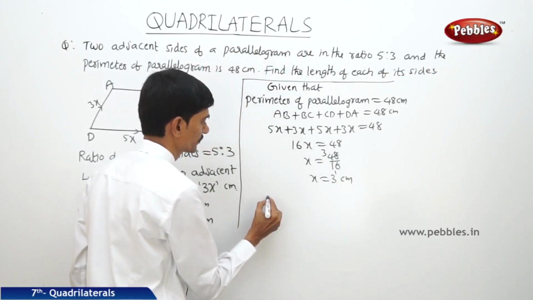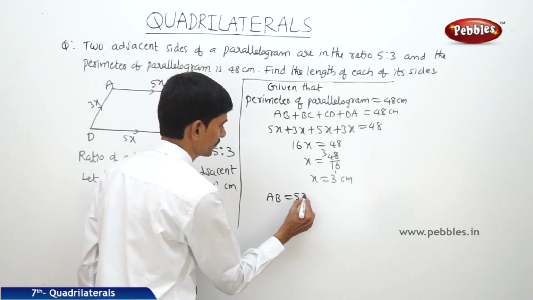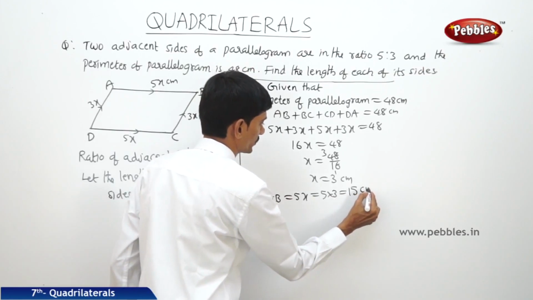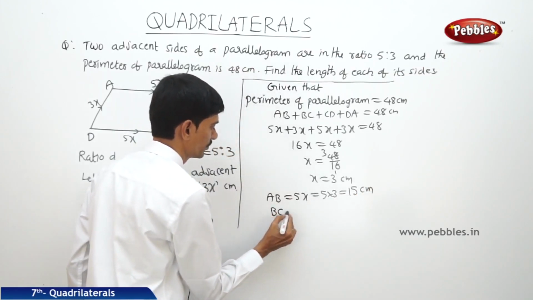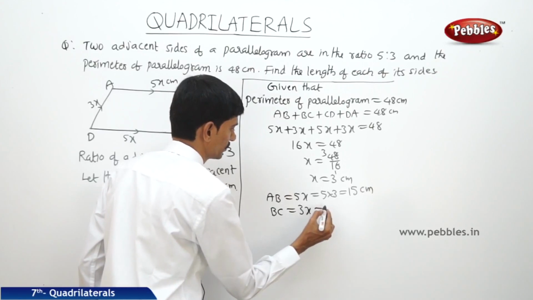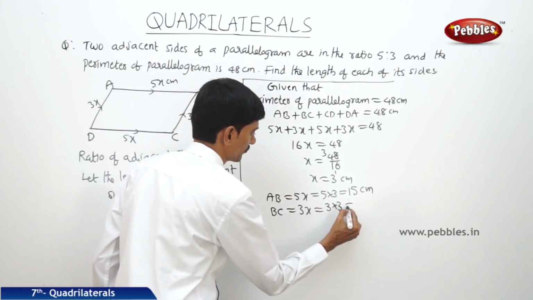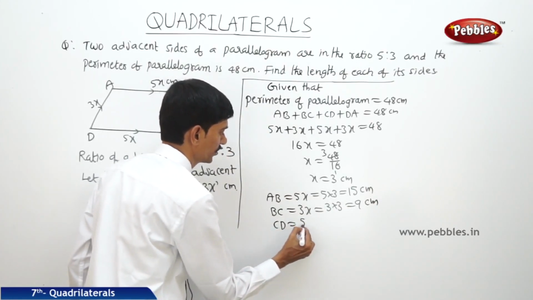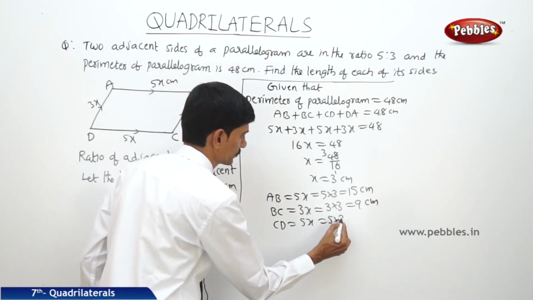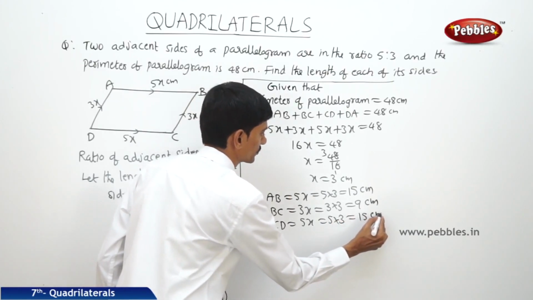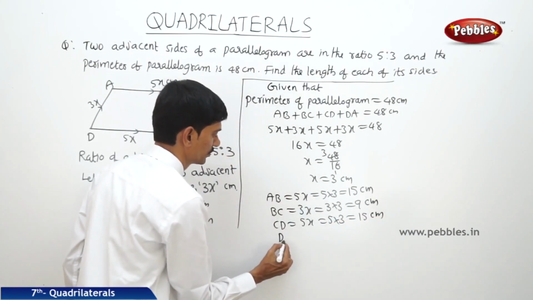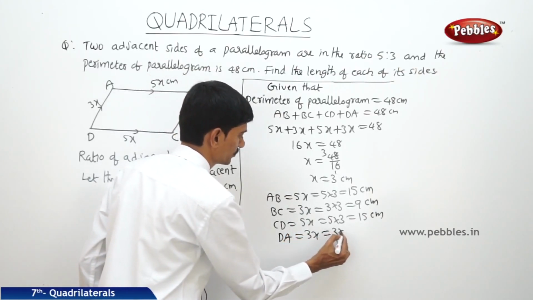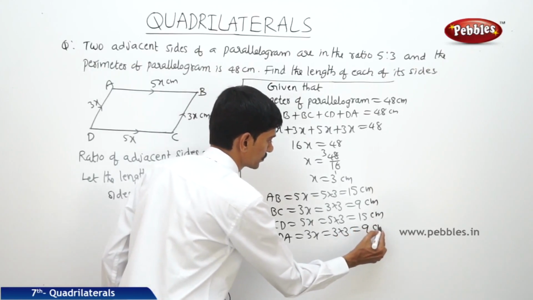Then AB equals 5x equals 5 into 3 equals 15 centimeters. BC equals 3x equals 3 into 3 equals 9 centimeters. Again CD equals 5x equals 5 into 3 equals 15 centimeters. Then DA is again 3x, so 3 into x value 3 equals 9 centimeters.